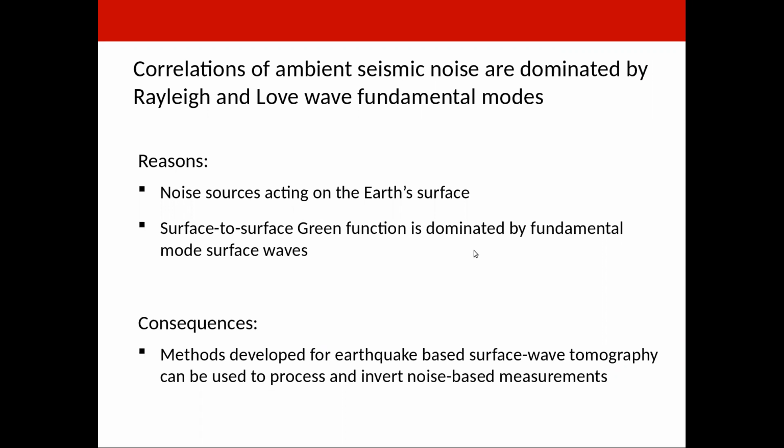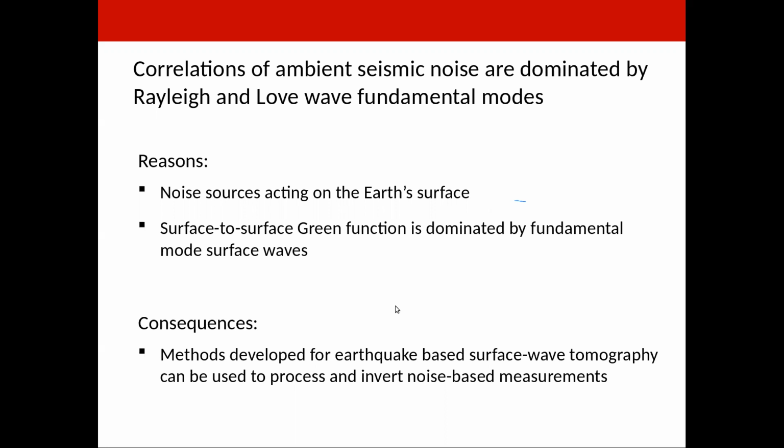And so for surface wave generation, the requirement is just that the waves are trapped near the surface, and then they decay with depth. This property of the surface wave makes it easier to retrieve the surface wave signal from the cross correlation.